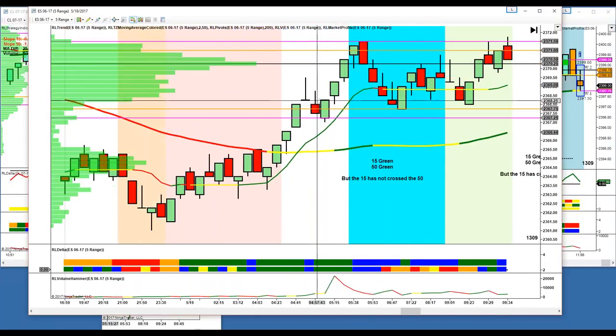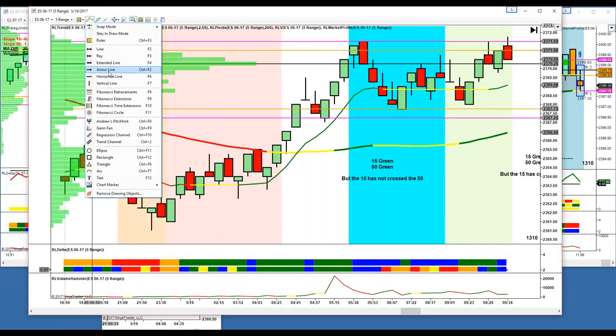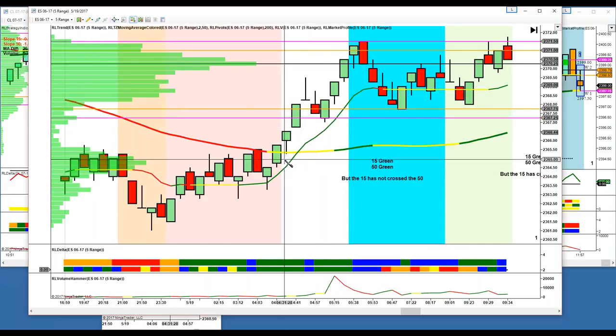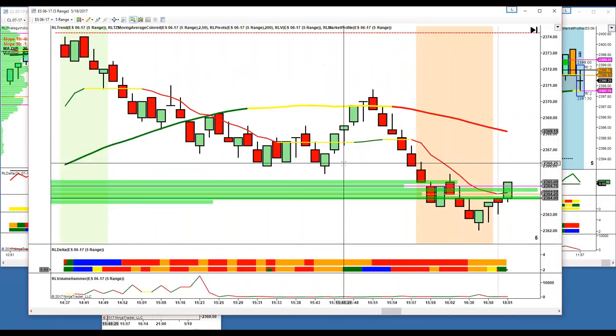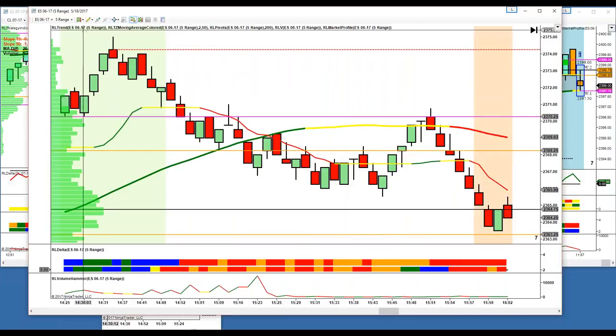Now, when there's no color, that means there's no multi-time frame alignment at all. And if you take a trade, you take it at your own risk. That's going to be the riskiest time to trade. And sometimes you can see there are long portions of time.